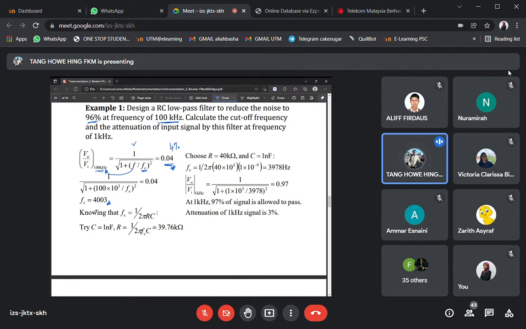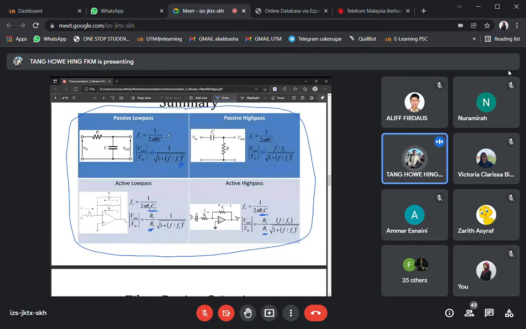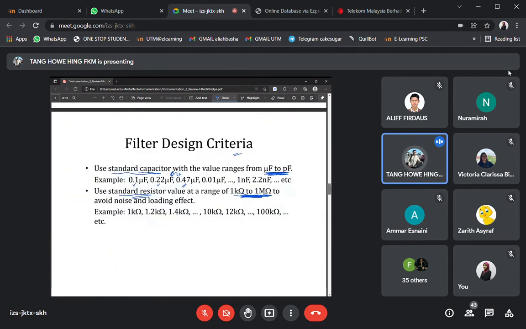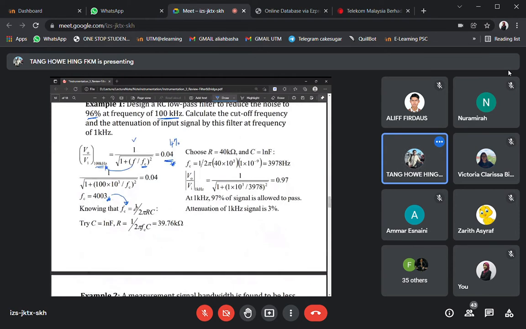In order to achieve this cutoff frequency of 4,003 hertz, we use the cutoff frequency function, which is the second equation over here. We substitute in, and then we can determine the resistor and the capacitance.